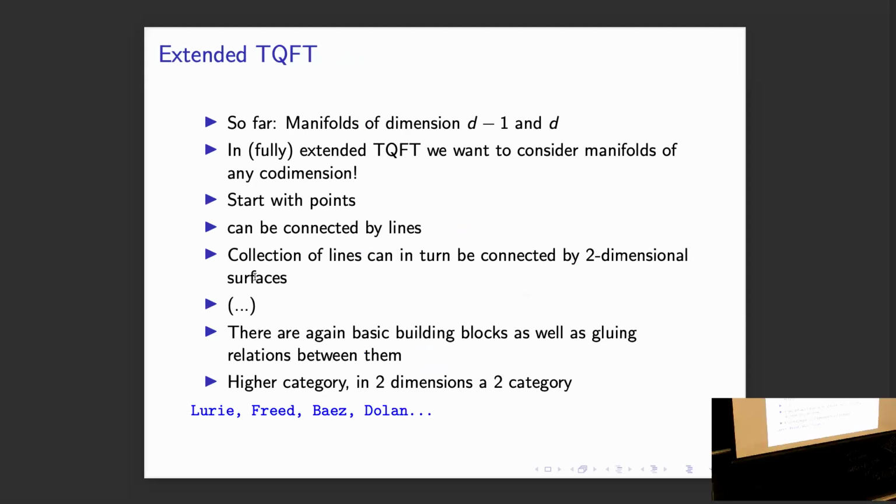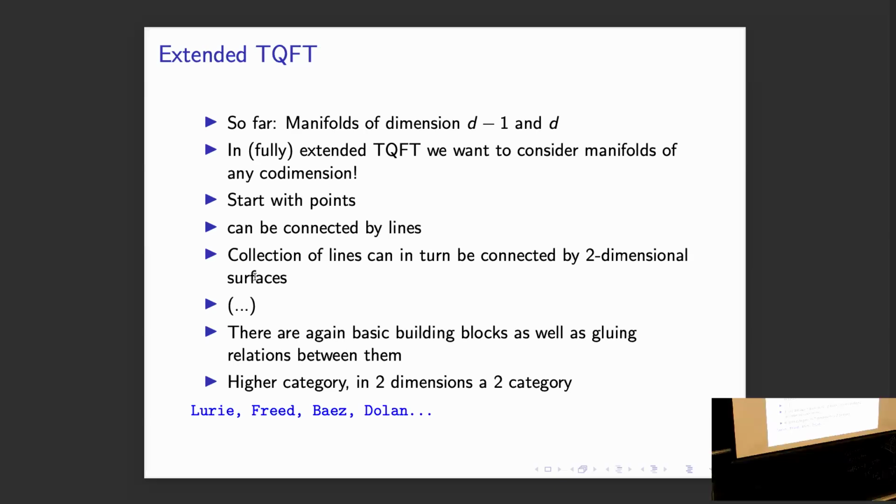Okay, so now let me speak about extended TQFTs. So far I talked about things in dimension D-1 and dimension D, and kind of semi-explained how this works in the case that D is 1 or 2.